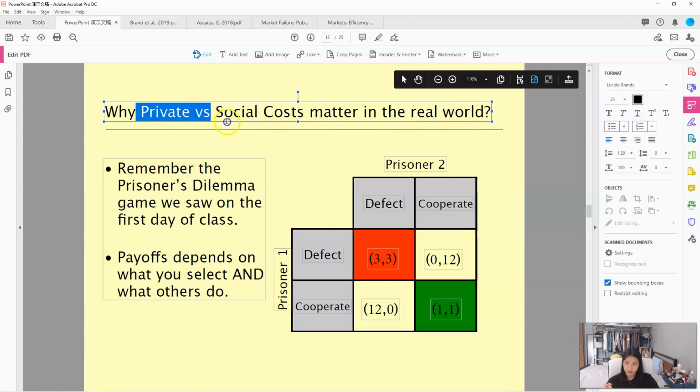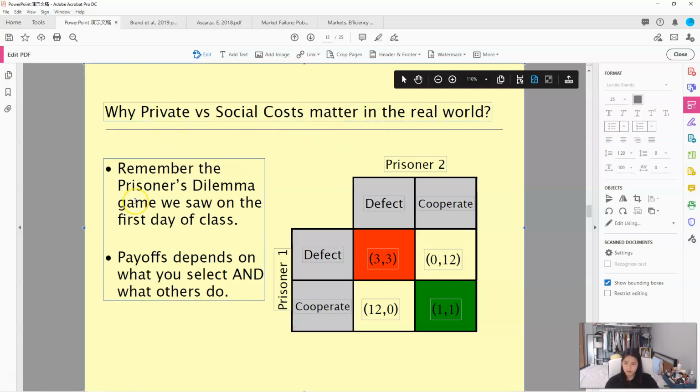So think about this example. I talked in the last video about the prisoner's dilemma from the introduction of game theory. There are two prisoners. They cannot talk with each other. They have two choices: defect or cooperate, and the outcome depends on their own action and also the other prisoner's action.